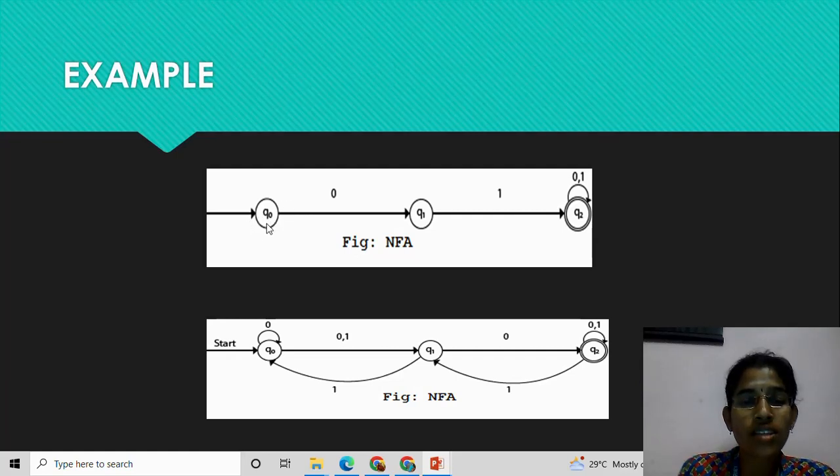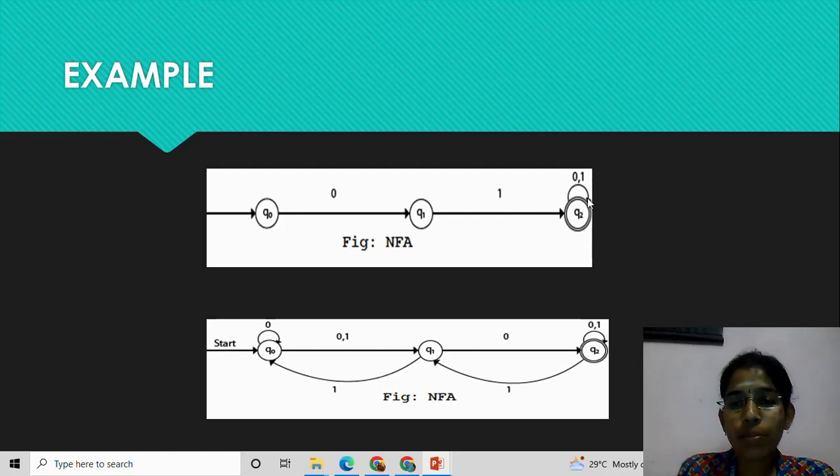So this Q0 is the starting state. Q0 and Q1 have only one circle. So why do we use two circles for Q2? It represents something: the double circle state acts as a final state. Q2 is acting as a final state. By using the double circle, we can know which one is the final state or ending state.